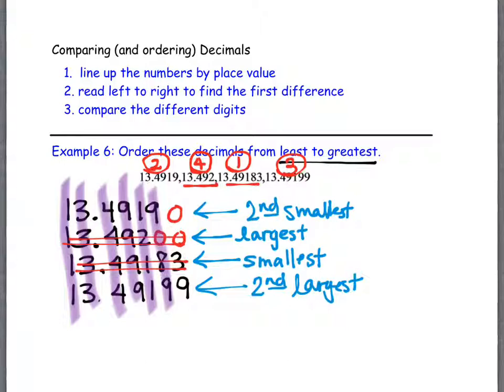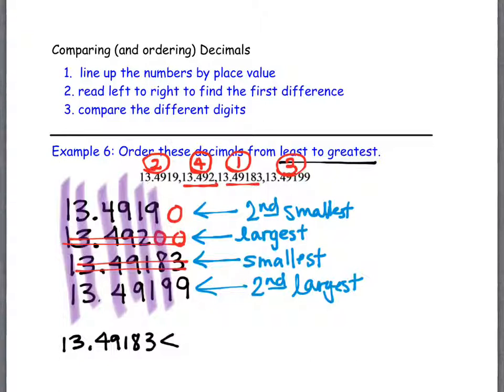So the first one that I'm supposed to write is the third number that's listed there, which was the 13.49183, correct? I'm going to use less than signs just because the commas start to look a little bit more like periods instead on my screen.